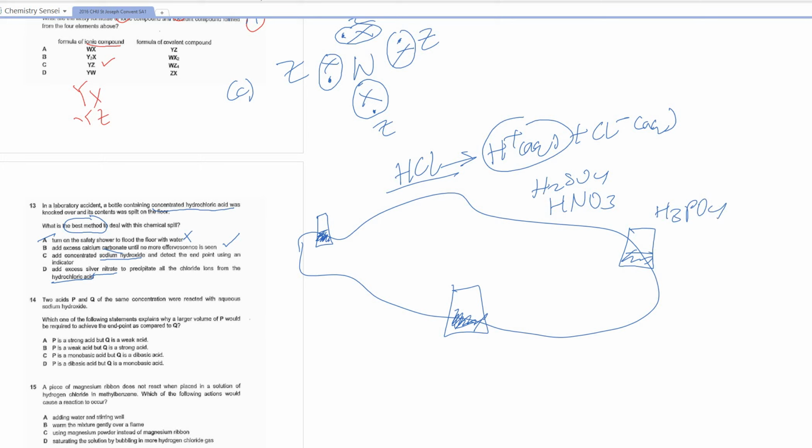What they all have in common is the H atom, because this H atom can dissociate to form H plus. So H plus is the acidic property. When you are removing chloride ion, you are not removing the acidic property of HCl. So option D cannot be the answer. So the only correct answer is option B.